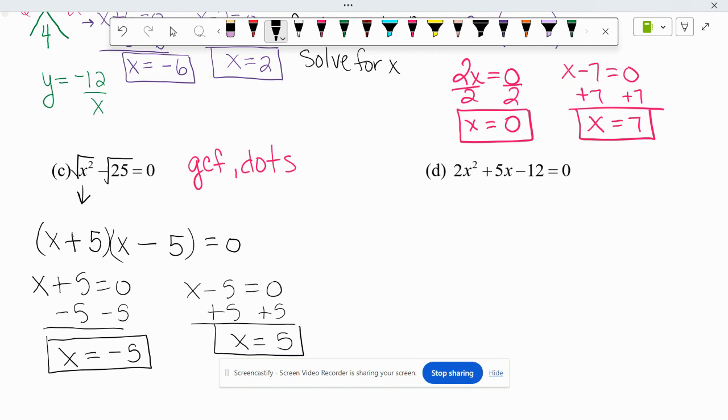What about example number D or letter D? Well, I have to do slide and divide. So x squared plus 5x minus 24 equals 0. So what are two numbers you can multiply together to get negative 24 that when you add them, you get 5?